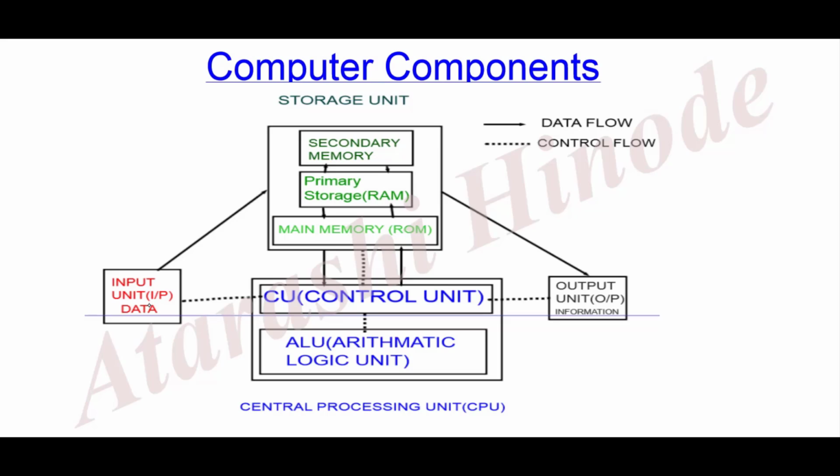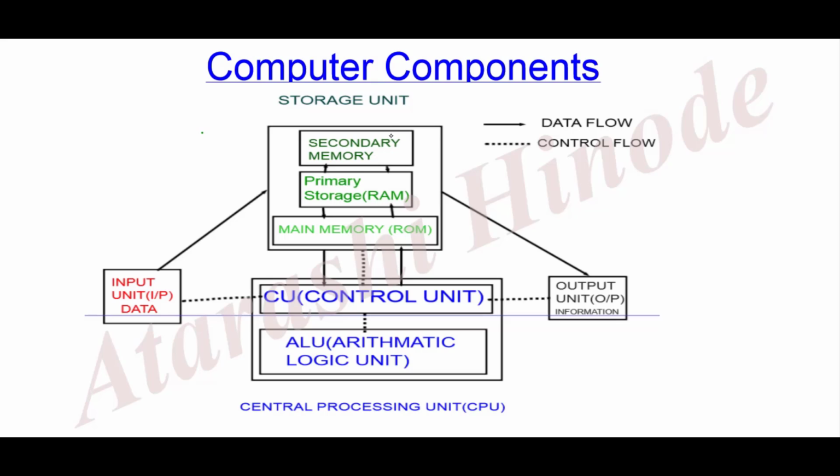Input unit here, as we mentioned before, takes in data, the raw facts. The data from the input unit goes to the storage unit. Then it finally comes to the output unit as processed data, as information.